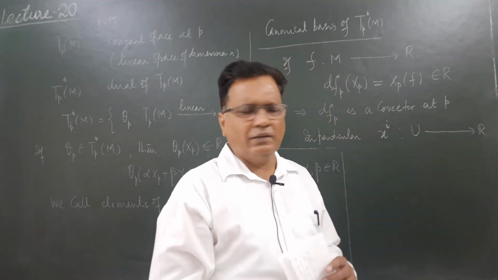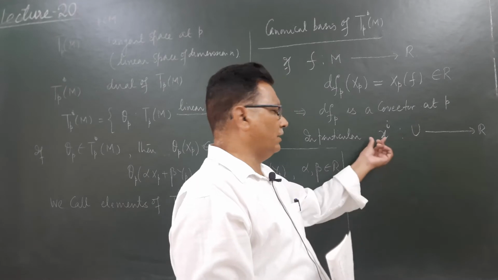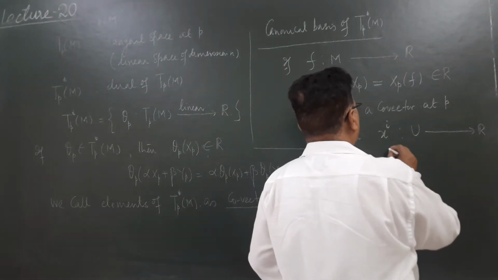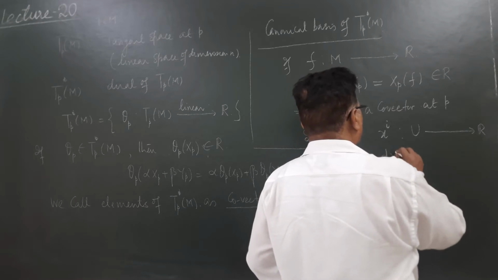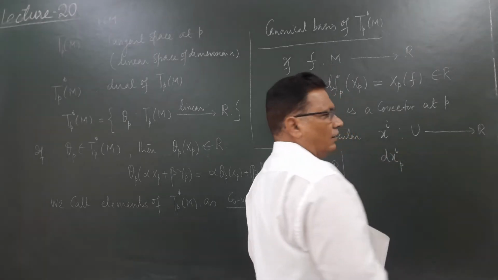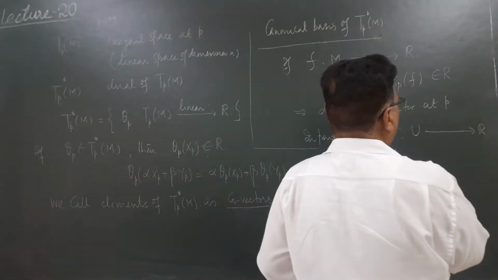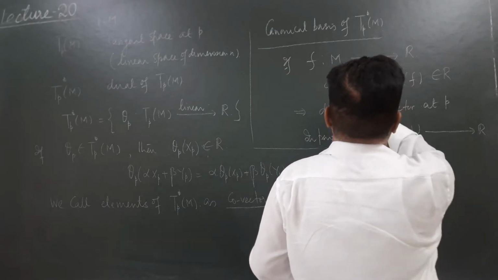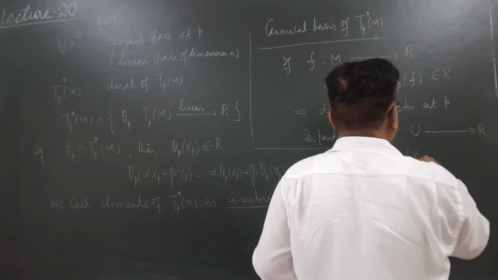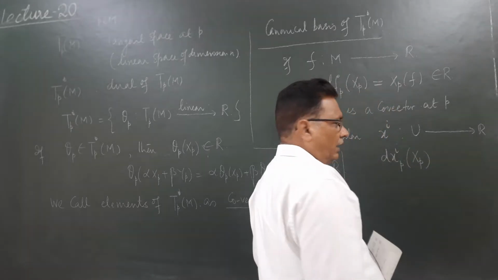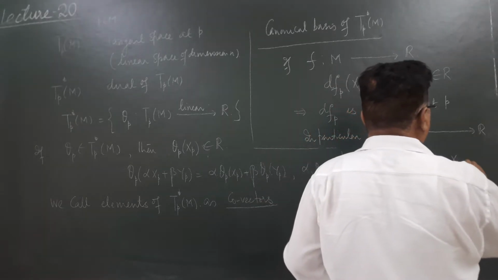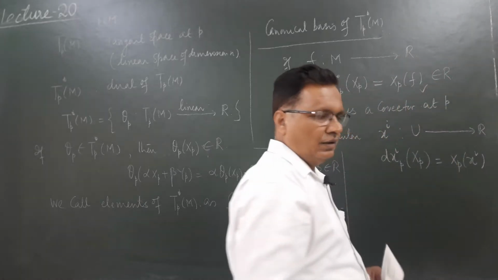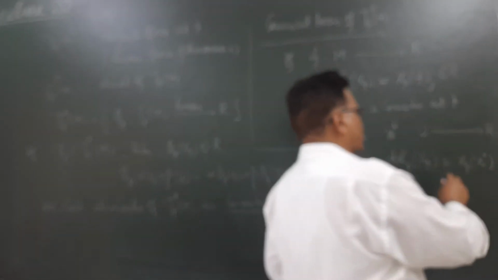It is not on the whole manifold, it is on an open subset, but still it is a real valued function. And for every real valued function, if I take a point P inside it, I will get its differential too. At the point P, I have chosen a point from here. So dx^i at P will operate on X_P, and it will give me X_P operating on x^i by this formula. And you know what X_P x^i is.